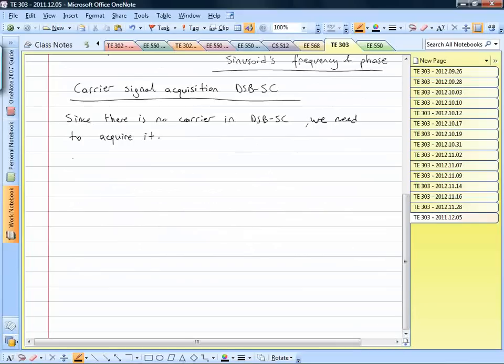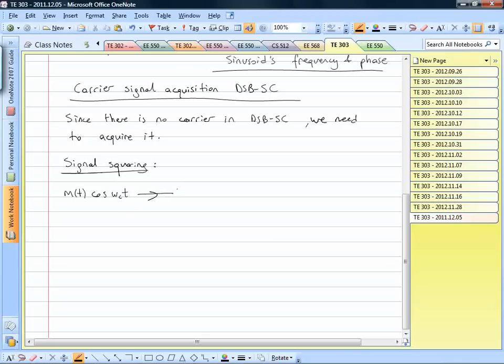So we can use a signal squaring technique where we take the square of the input signal, which will generate some component at the carrier frequency, actually double the carrier frequency, cosine 2 omega c t. So this is the original double sideband suppressed carrier signal.